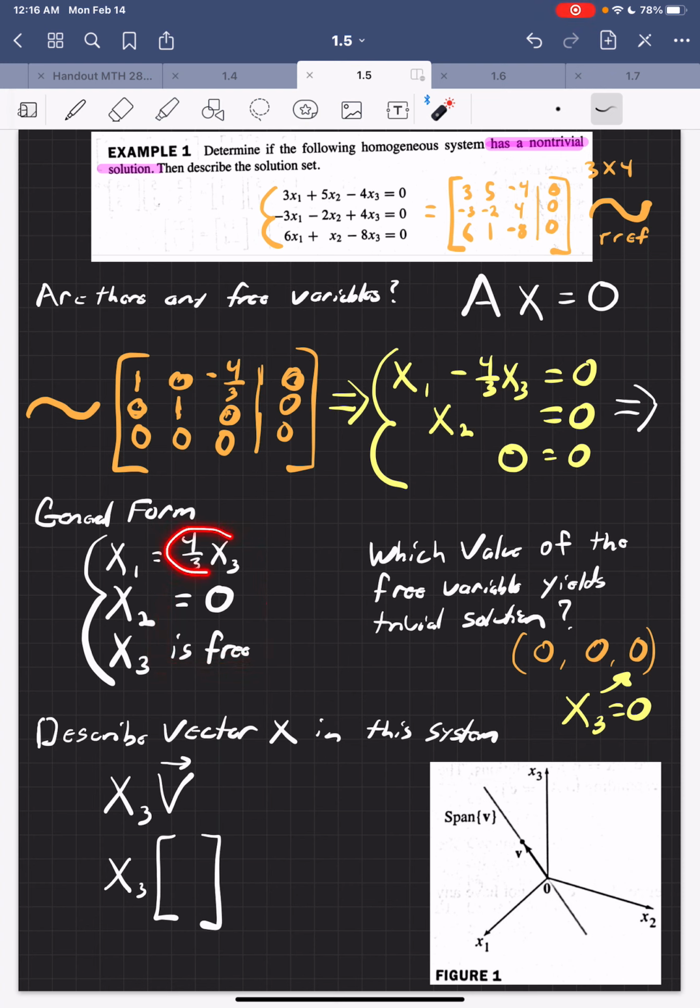If you factor out an x sub 3 here, do you follow that all you would be left with is 4/3? Now, if you factor out an x sub 3 here, well, that is just 0, so it's still 0. And since x sub 3 is free, if you factor an x sub 3 out of an x sub 3, you're left with just 1.